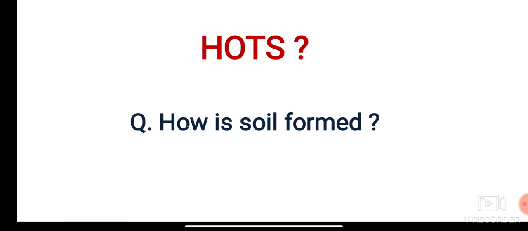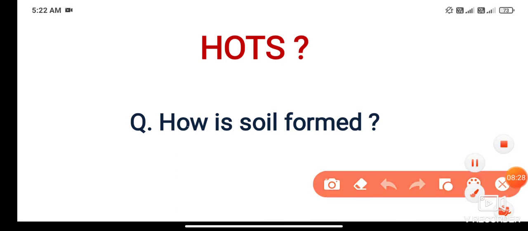It's very simple, so listen carefully. Soil is formed by the breaking down of rocks, known as the parent material. Take the example, this is a rock.